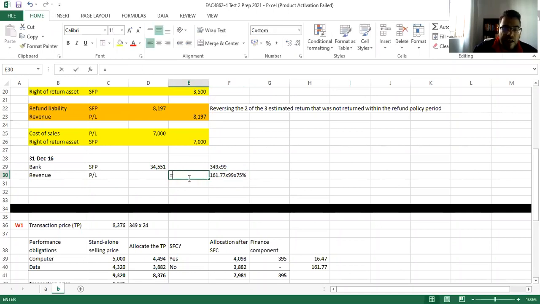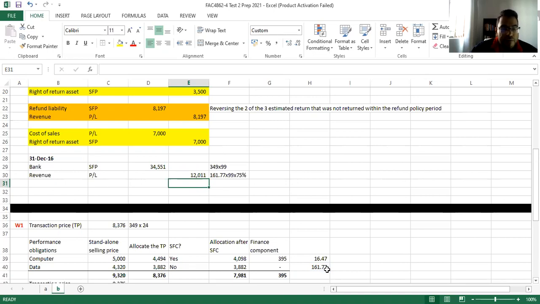So if I say equals 161, or you can say 388.22 divided by 24. That is why I just did it over there. 161 multiplied by 99 contracts, because 99 people paid us. But we can't recognize the full 100%, because only 75% of the data was used. So therefore, we'll say times 75%.